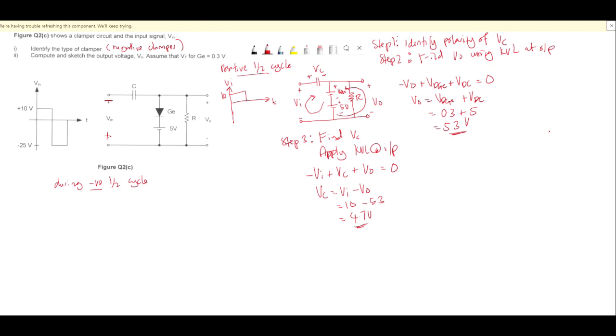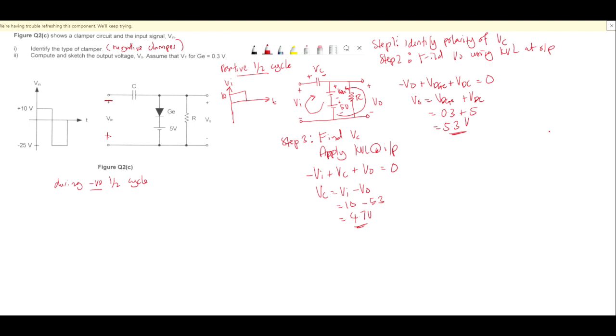That means your diode will be turned off, because of reverse bias. The polarity is opposite, so reverse bias occurs here. So your diode will not be functional.